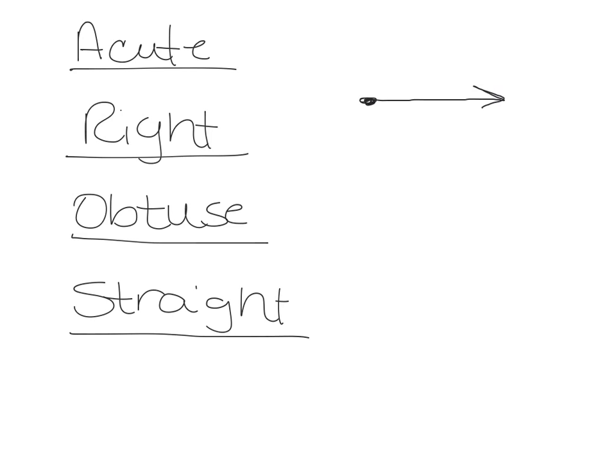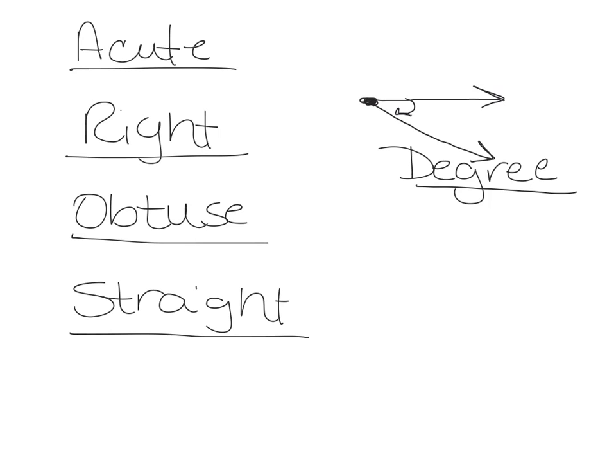Well, an angle is actually two rays put together, and they share a common end point. So the part that's in the middle between that common end point opens up, and the measurement of the opening is called a degree. So angles are classified by their degrees.